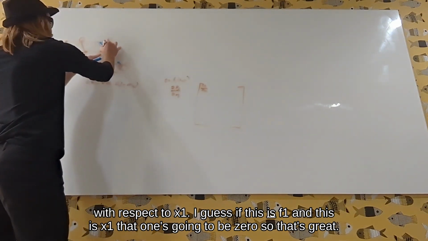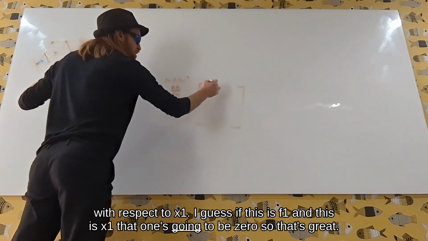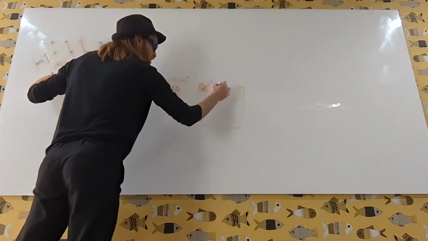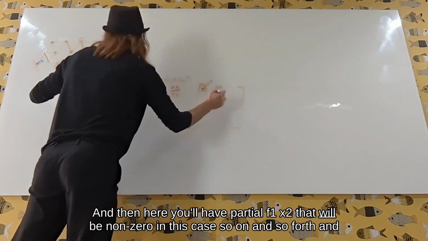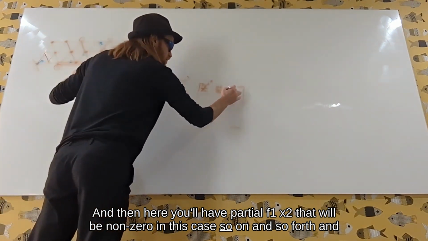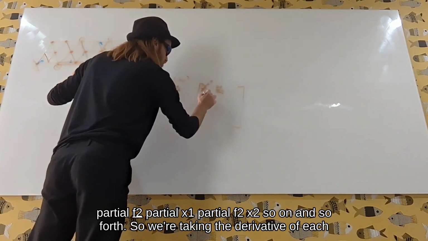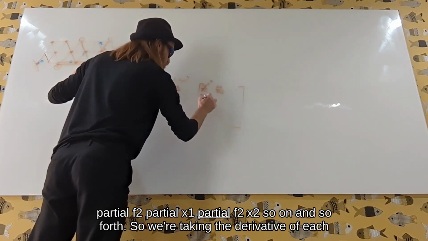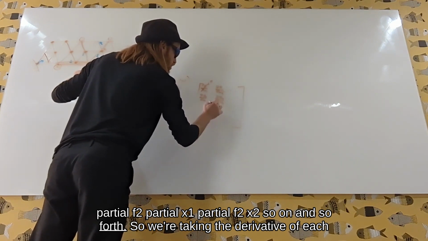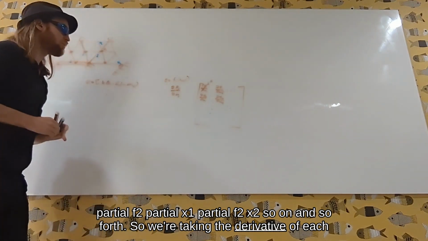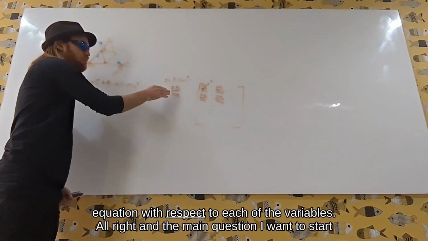I guess if this is f1 and this is x1, that one's going to be 0. So that's great. And then here you'll have partial f1, partial x2. That one will be non-zero in this case, so on and so forth. And partial f2, partial x1, partial f2, partial x2, so on and so forth. So we're taking the derivative of each equation with respect to each of the variables.